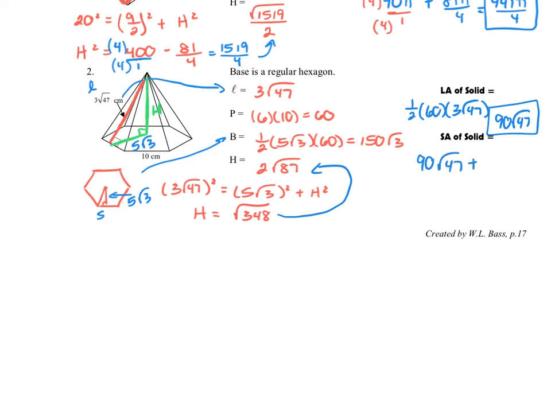We're going to add to that one base because I only have one base, and that one base pulling from my list is 150 square root of 3. I didn't mean to write a 5 there. Let's clean that up before we wrap up this video. And do my 3, and then we are all done.